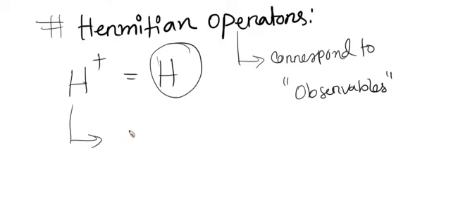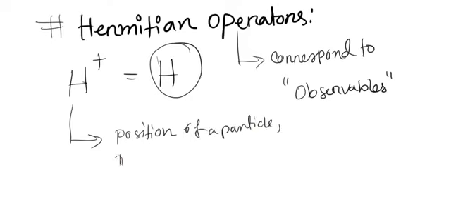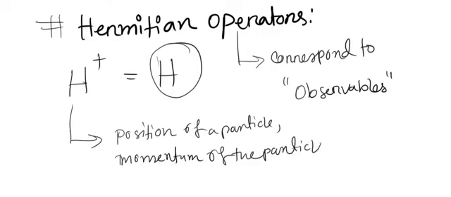So an example would be position of a particle. It can be the momentum of the particle. It can be the energy of the particle, and so on. However, you can always have these things in the finite or infinite dimensional cases.